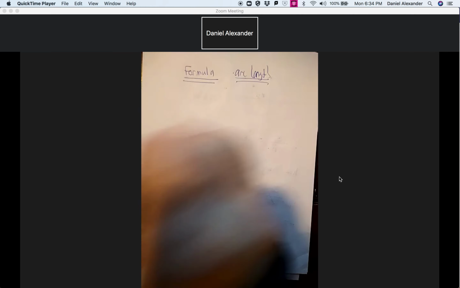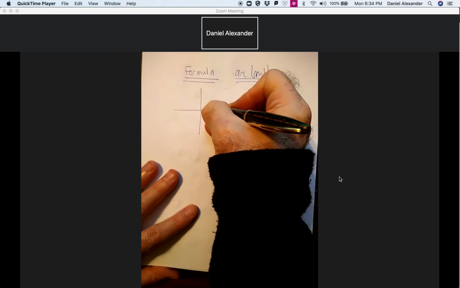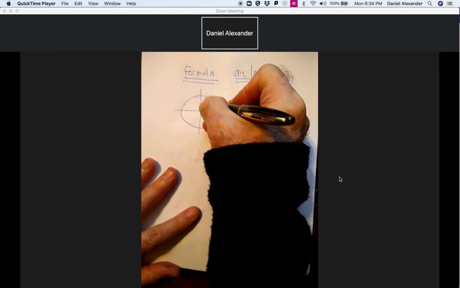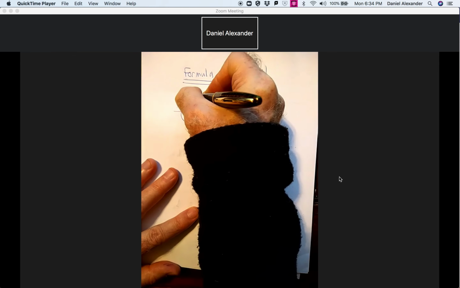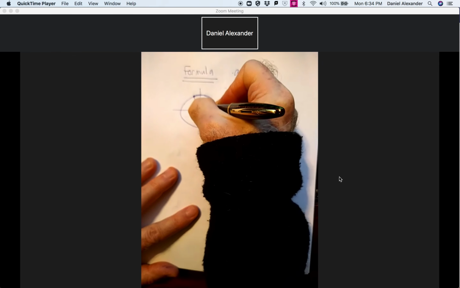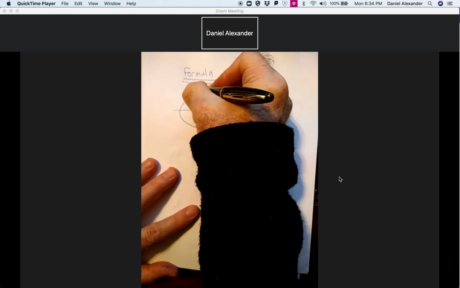Okay, the formula for arc length. Again, we need a picture. Here's my arc. Here's my angle. Angle is going to be measured positive. And here's S. It starts at 0, and it goes here.